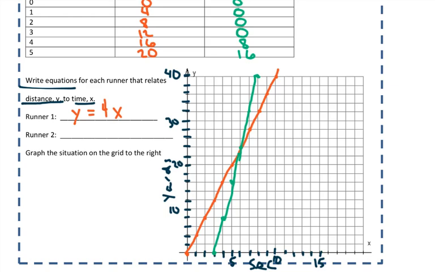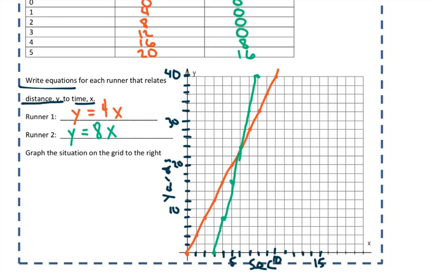Now with runner 2, he is not traveling in a direct proportional because it does not go through the origin. So we have y equals mx plus b for this one. M is the slope or the rate he is traveling, and he's traveling 8 yards per second. So it's y equals 8x, but now we have to figure out what the y-intercept would be.